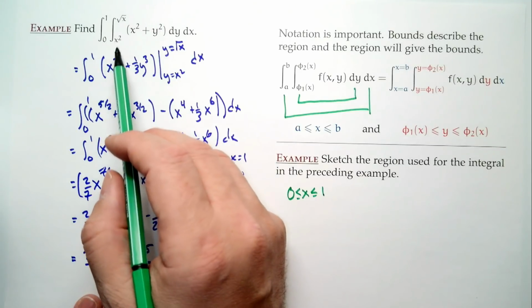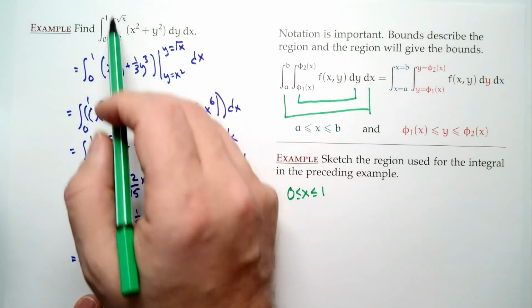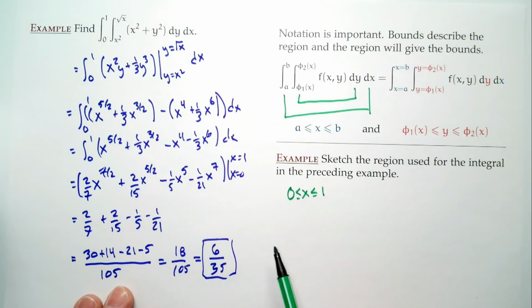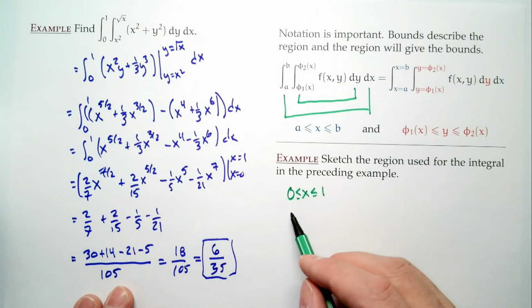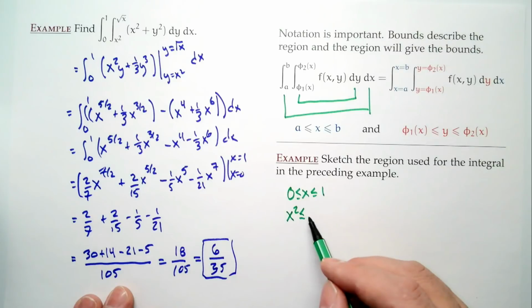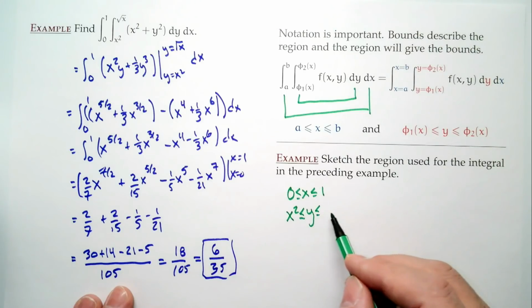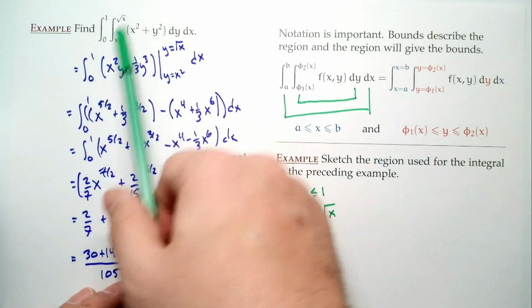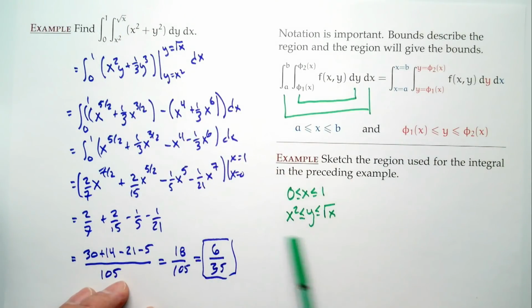Now, x squared to square root of x. What is this integral telling me? So x squared is less than or equal to y, less than or equal to square root of x. So these integrals here are giving me my region described in terms of inequalities.